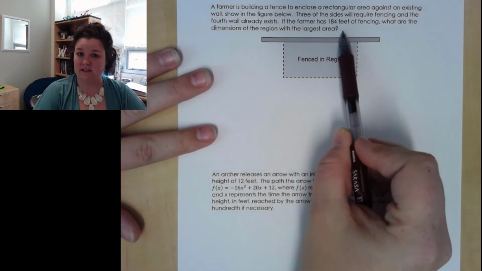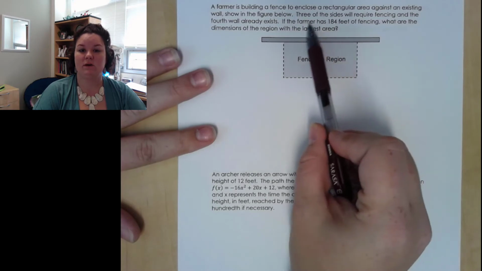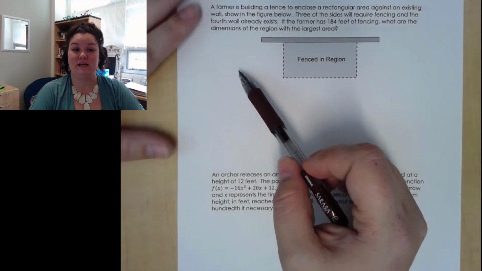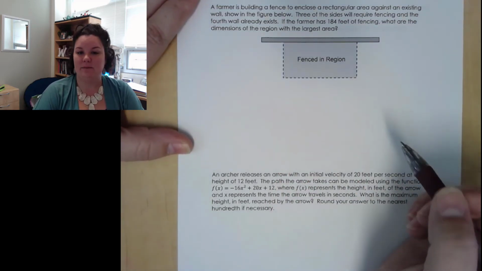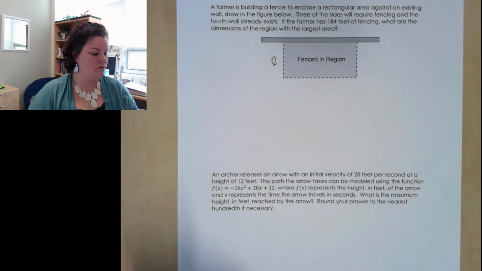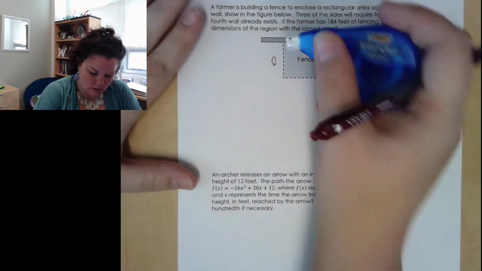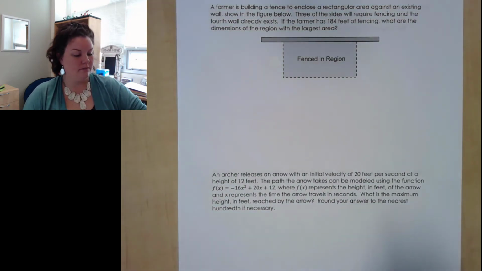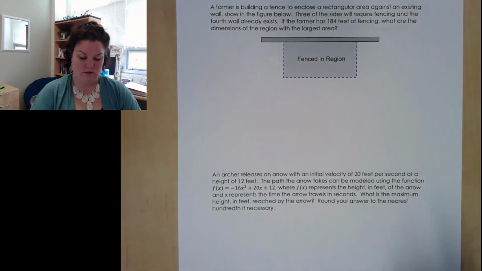If it had asked us for the largest area, then when we're done working it, we would plug it back in to that vertex formula. So let's go ahead and label this one. So here we have 2 lengths. I'm going to use capital L's so that we don't get confused.